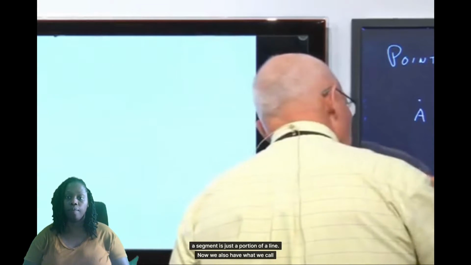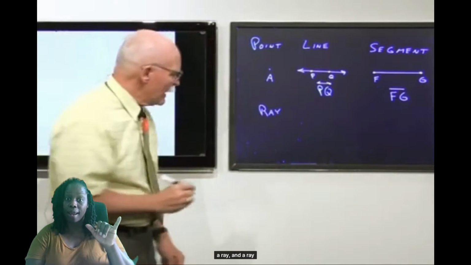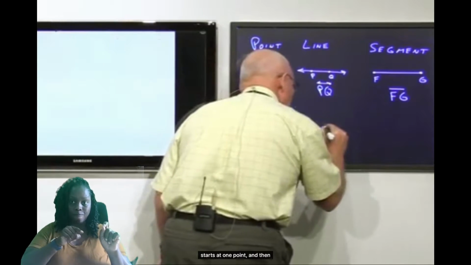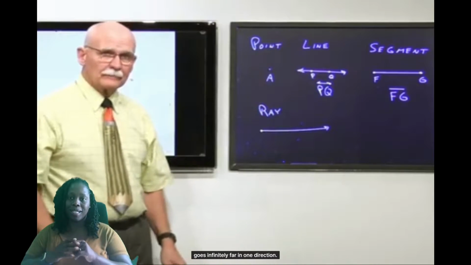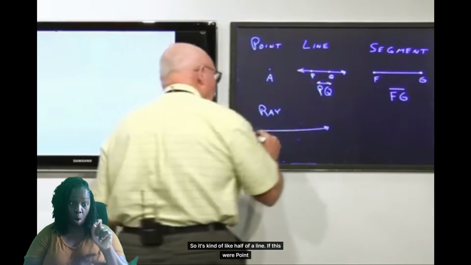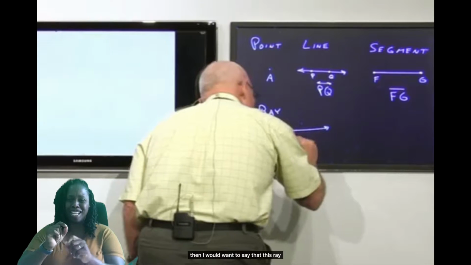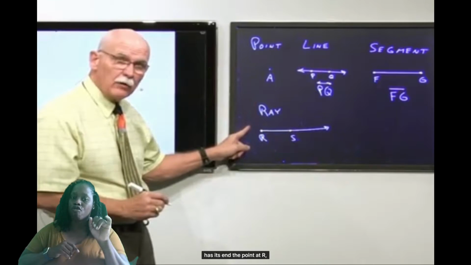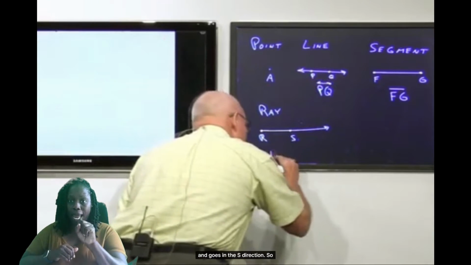Now we also have what we call a ray. A ray starts at one point and then goes infinitely far in one direction. So it's kind of like half of a line. If this were point R, and if this were point S, then I would want to say that this ray has its endpoint at R and goes in the S direction.